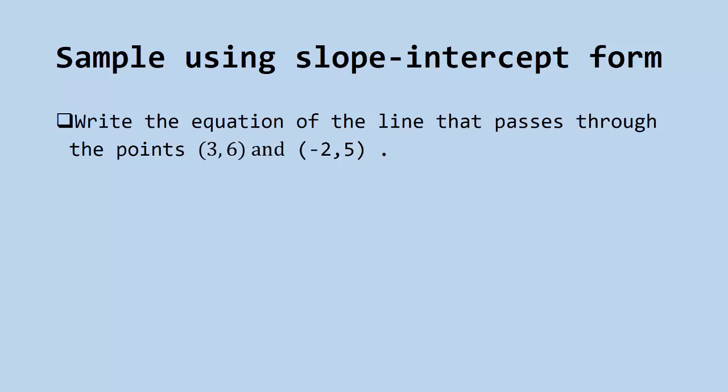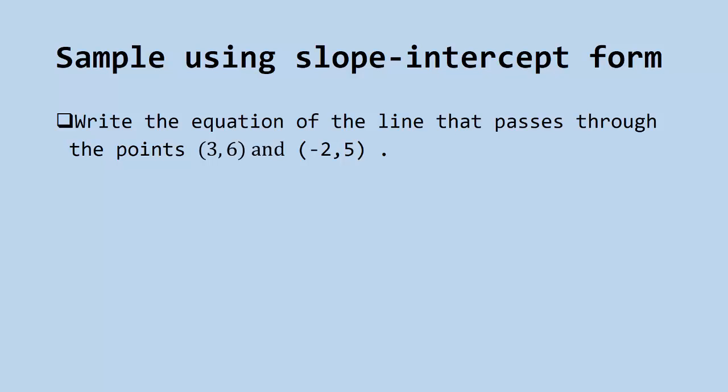So the first thing I need to do is find the slope. So I'm going to take my 2 points, and I'm going to use the slope formula to calculate it. Again, it does not matter which point I start with, so I'm going to go ahead and start with the first point as my x2, y2.